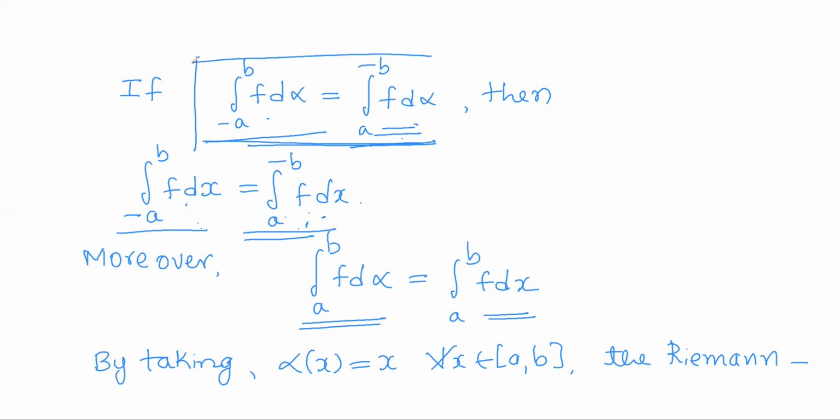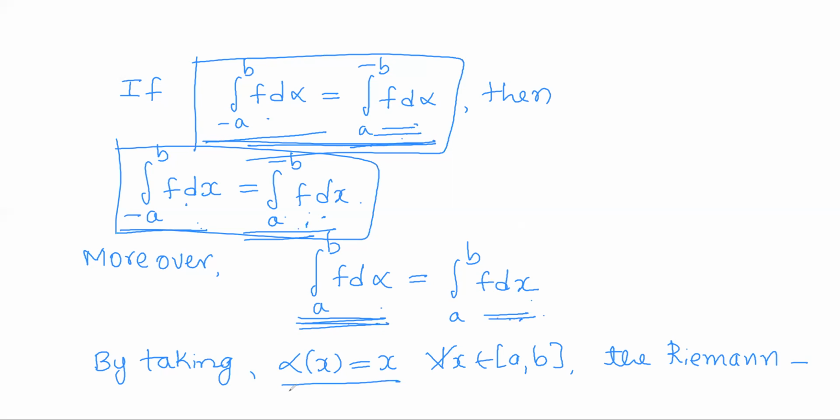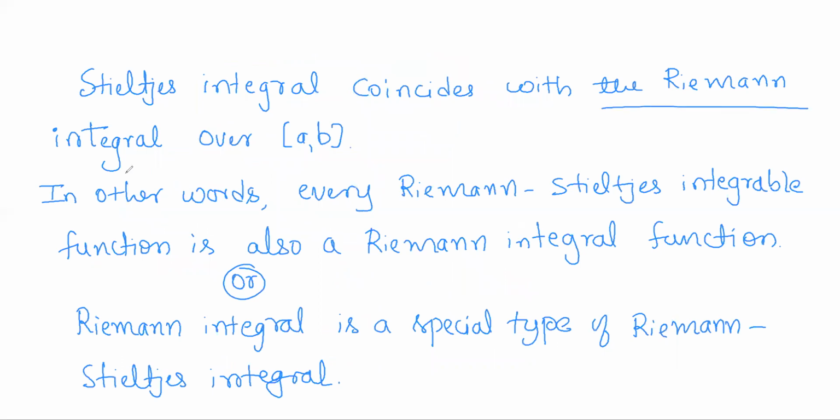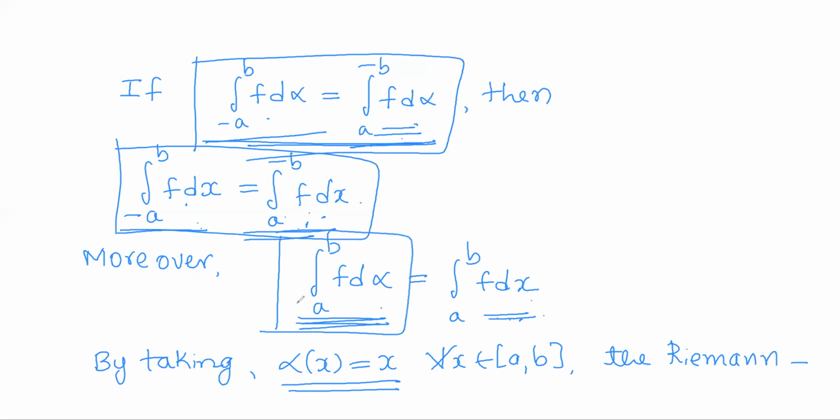So the common value of these two will be nothing but the Riemann Stieltjes integral, and the common value of these two will be the Riemann integral. So the Riemann Stieltjes integral will be equal to the Riemann integral. That shows that by taking the monotonically increasing function alpha as the identity function, that is defining alpha of x equal to x, the Riemann Stieltjes integral coincides with the Riemann integral.